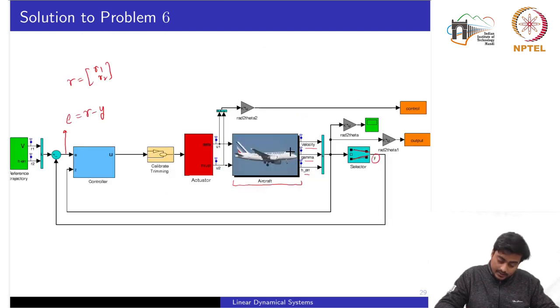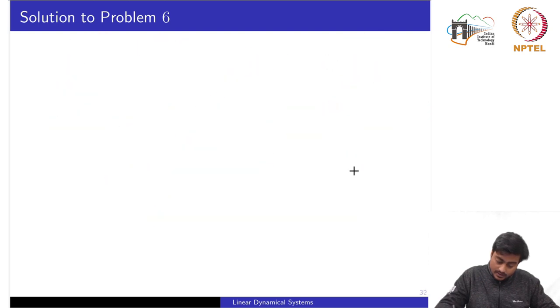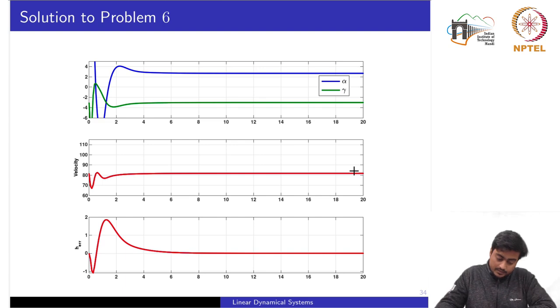Now implementing those controllers into the feedback loop, we can see how the response of the system comes. So this is the overall response of the closed loop system. If I synthesize the K matrix with that parameterized system, this is the input, this is one of the states, so gamma should stay at -3.